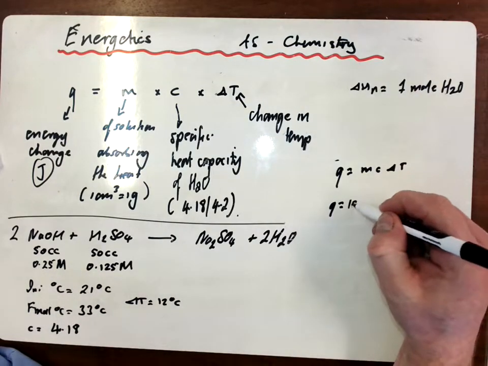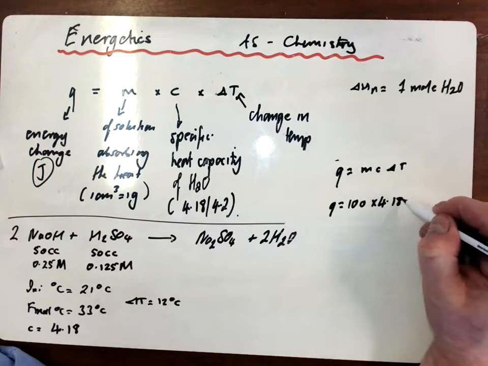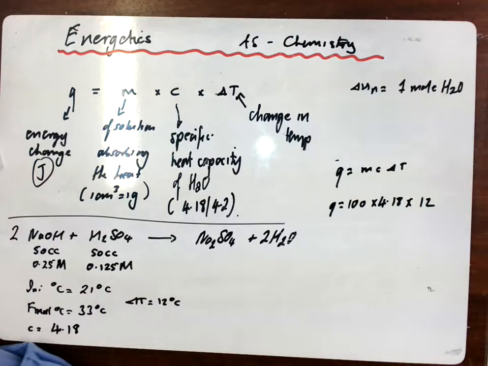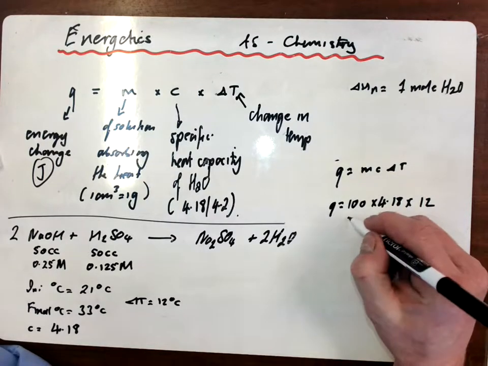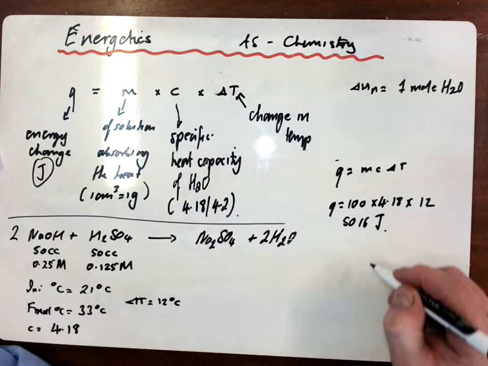A lot of people get this wrong because they just write 50 multiplied by 4.18 multiplied by our delta T, which is 12 in this instance. So we will get a Q value this time coming out at 5,016, and remember put your units on it.